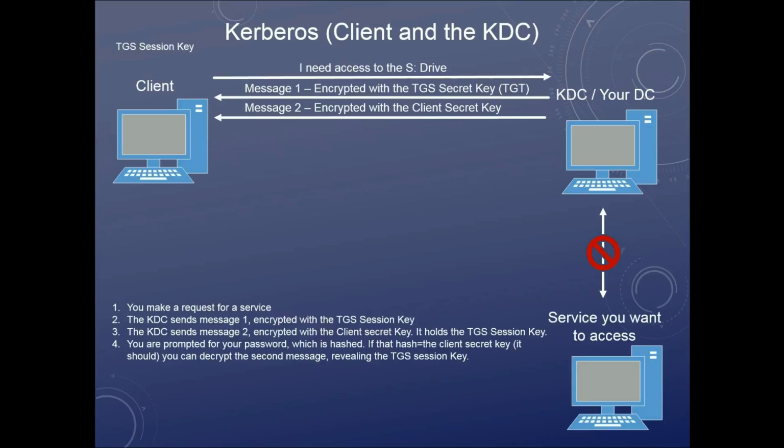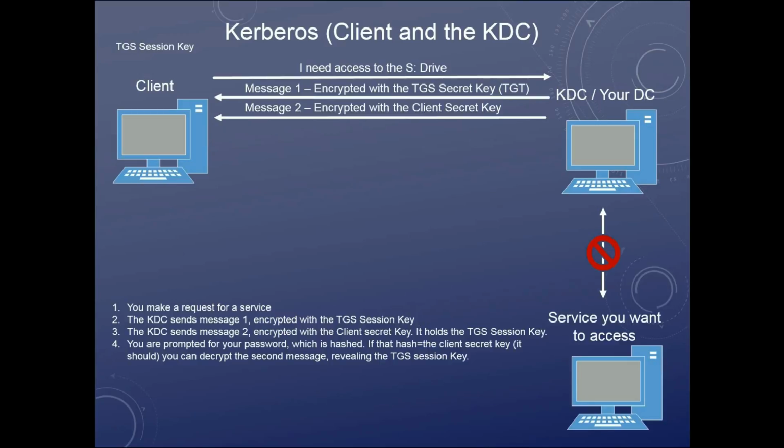If the outcome of that hash and the salt equals your client secret key, then that means your password was correct and you can decrypt message number 2, giving you the TGS session key inside of it. So now you have a session key. Now your username was never passed along that transmission, but you do have a session key.